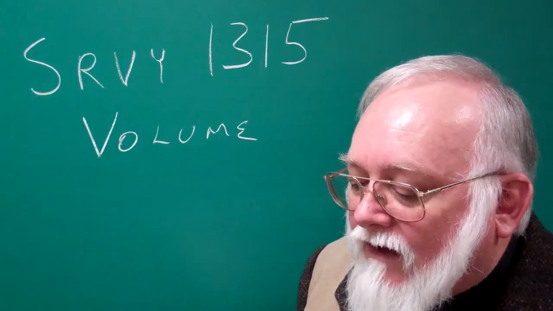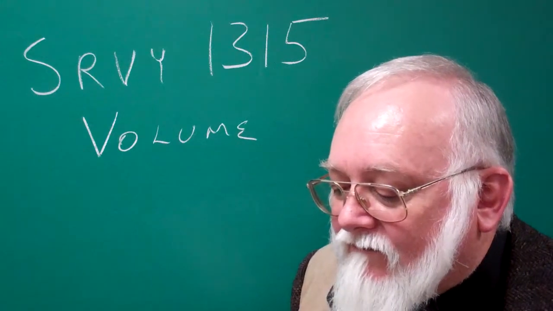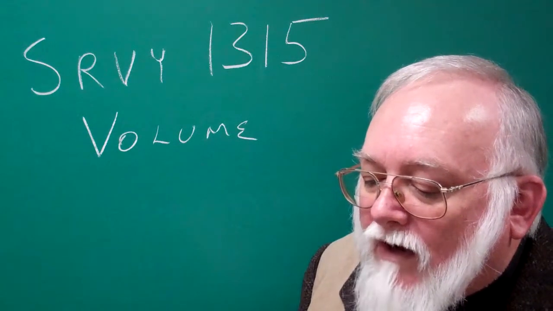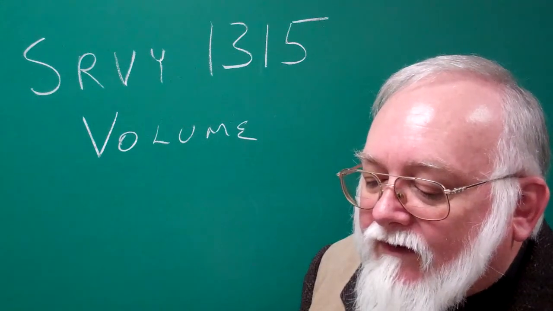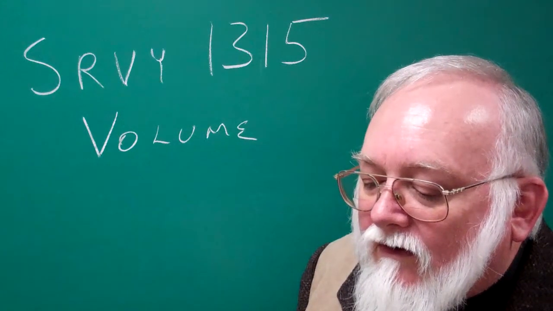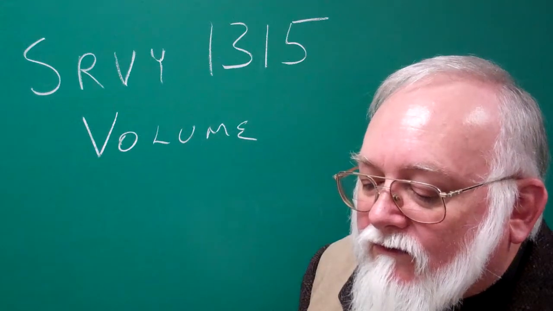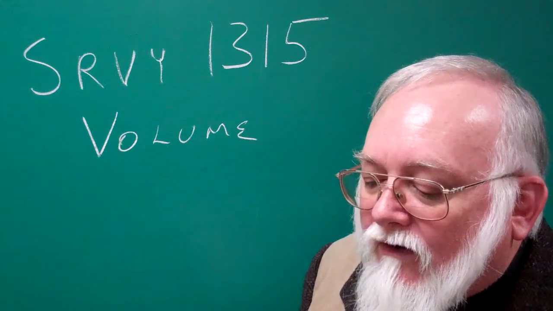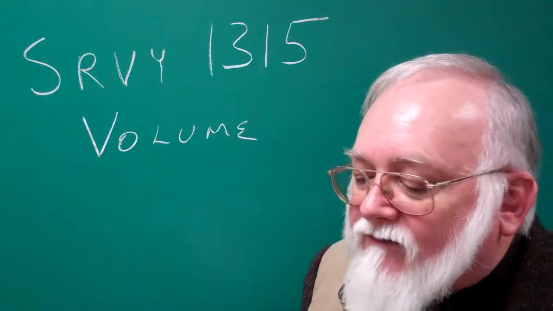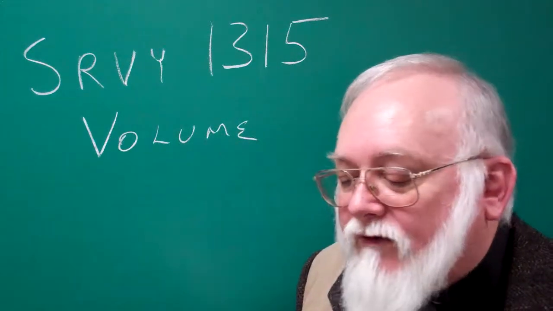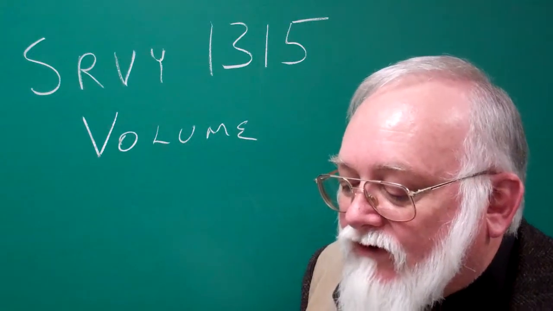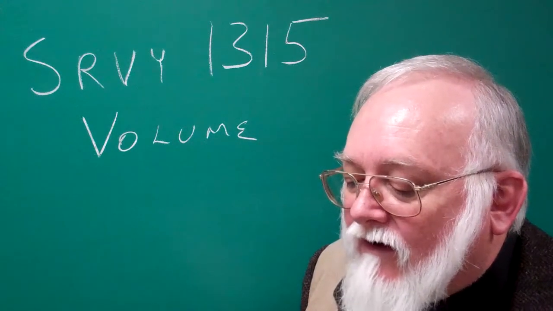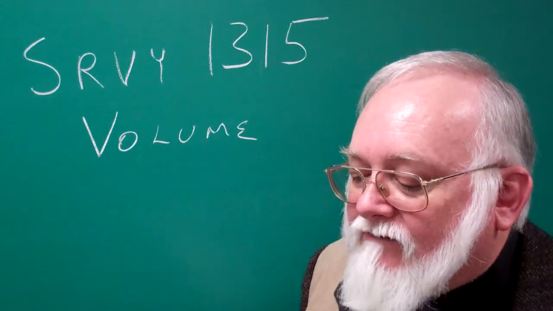For the cylinder, it's pi times the radius squared. For the sphere, the volume is equal to 4 over 3 times pi times the radius cubed. It's not a formula that you use very often.